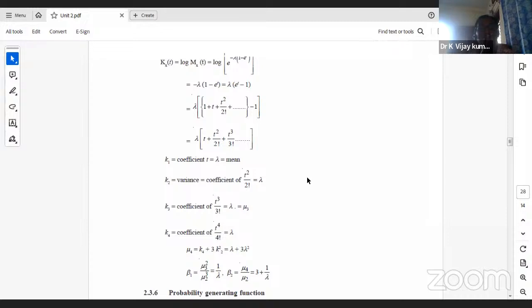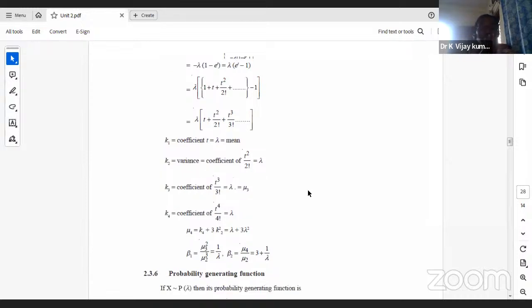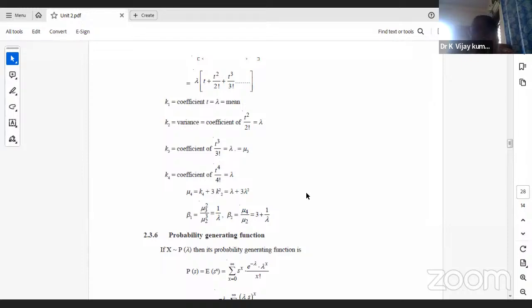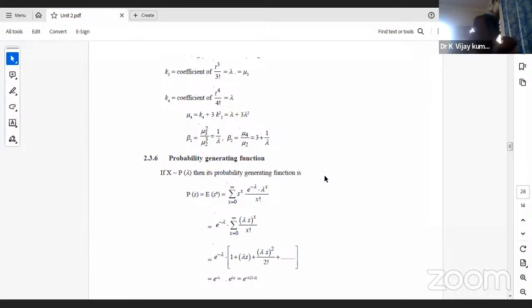The coefficient of t power 4 by 4 factorial is lambda, k4. So we are finding k1, k2, k3, k4 as these coefficients. Then mu 4 is equal to k4 plus 3 k2 square, which is lambda plus 3 lambda square. Beta 1 is equal to mu 3 square by mu 2 cube, which is 1 by lambda, and beta 2 is equal to mu 4 by mu 2 square, which is 3 plus 1 by lambda.